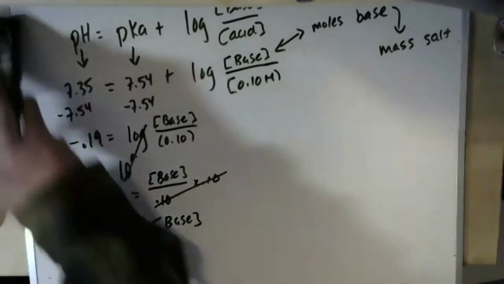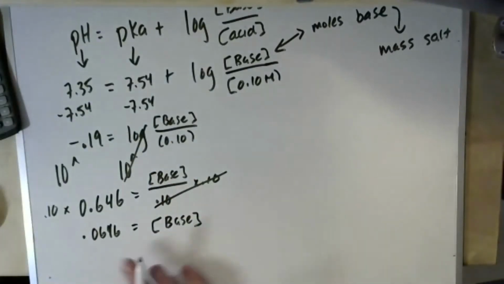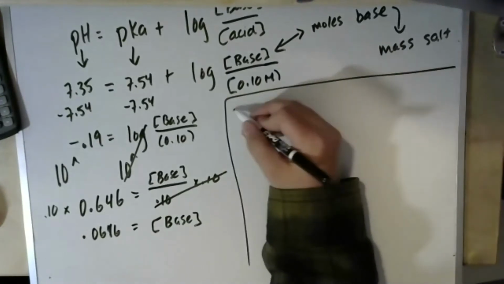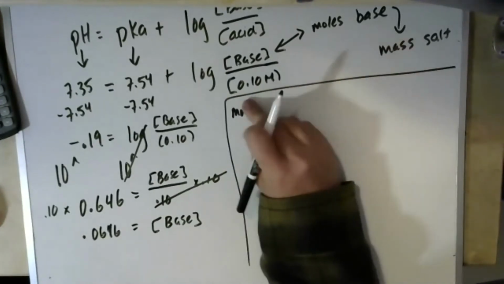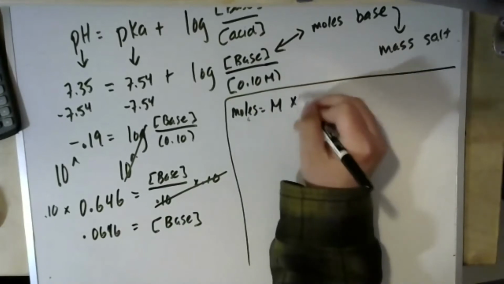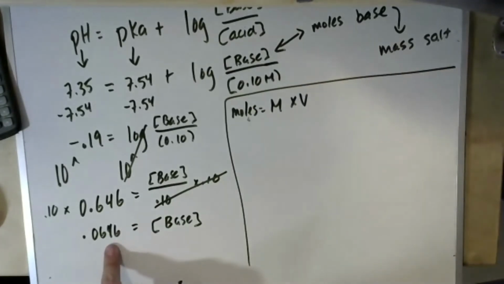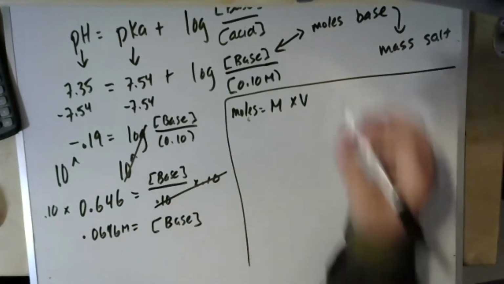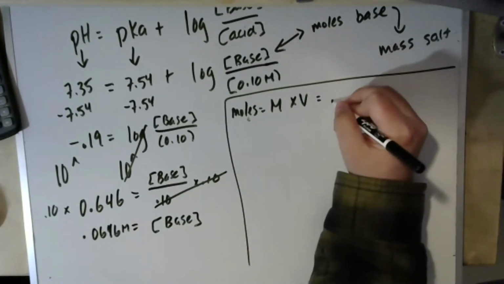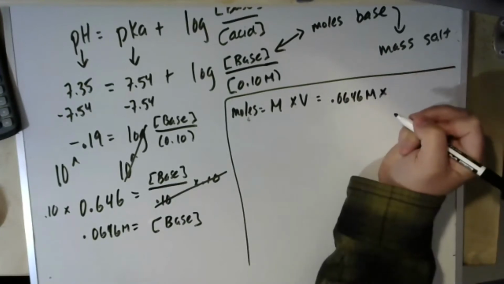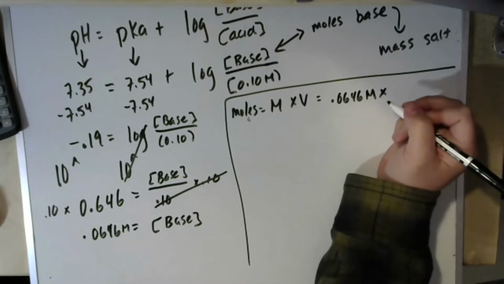Okay, so step one, done. We found our concentration. Now we want to figure out what the mole value of our base is. Okay, moles is going to be the molarity times the volume. Well, we just found the molarity, right? So the molarity is going to be 0.0646. The volume is that 500 milliliters that we were told in the beginning of the problem.